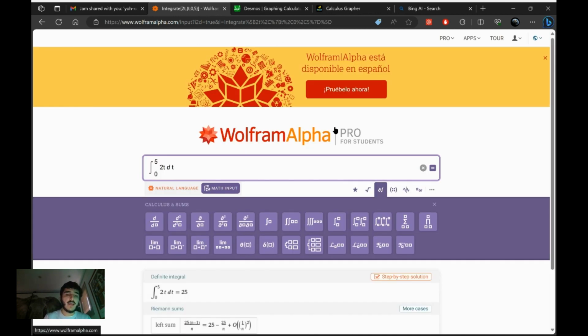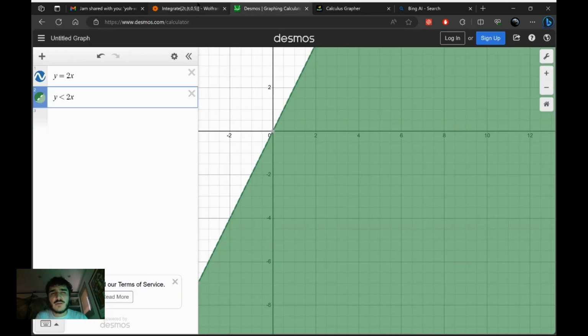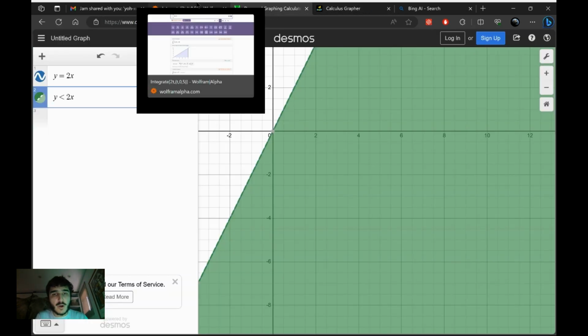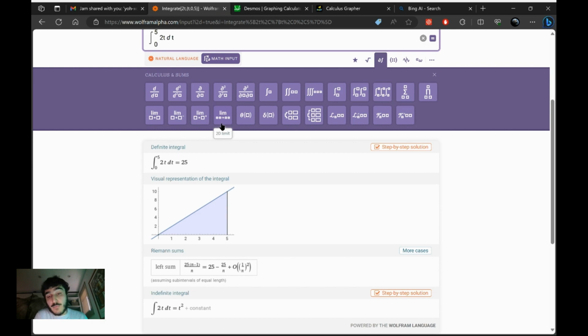That's going to give us the shaded area from 0 to 5 that we got in Desmos. It's the same thing. Looks very cool. So now you have three different ways of visualizing it, of helping yourself when you're solving these kinds of problems. Sometimes they're going to be harder than the ones I showed you, so these tools can be quite helpful, actually.